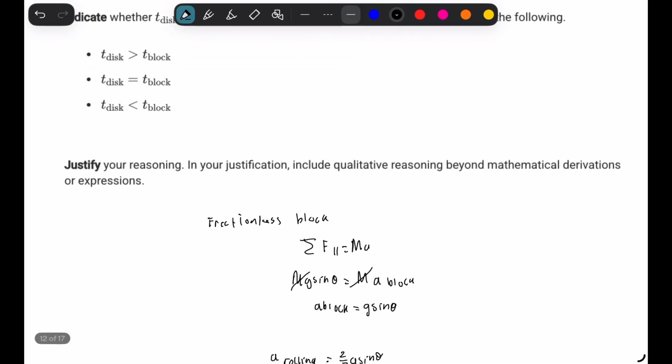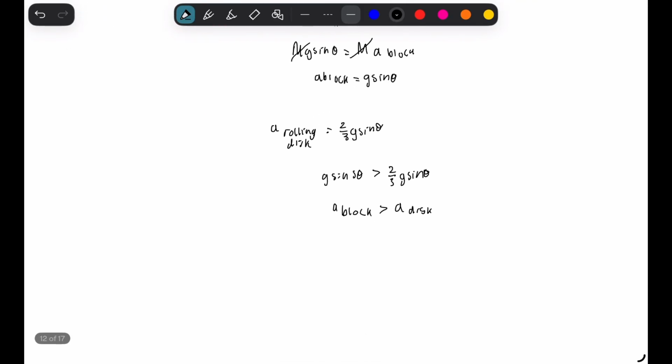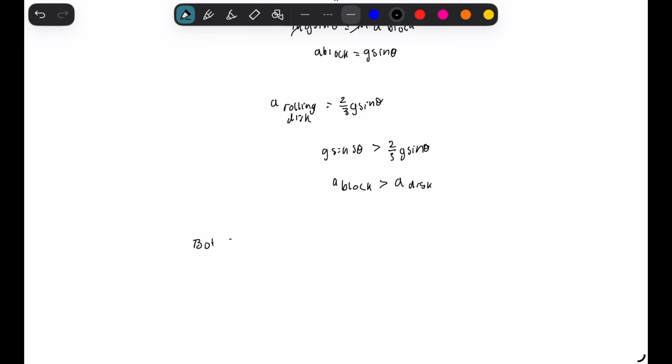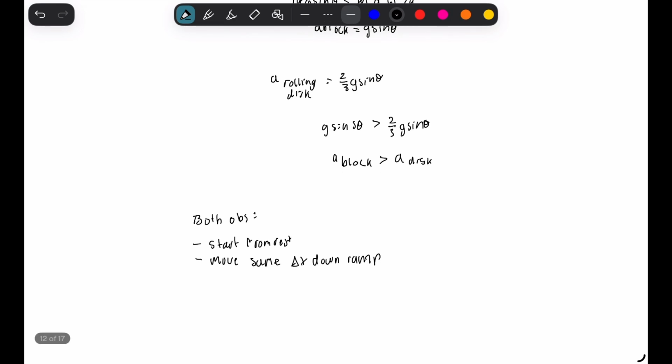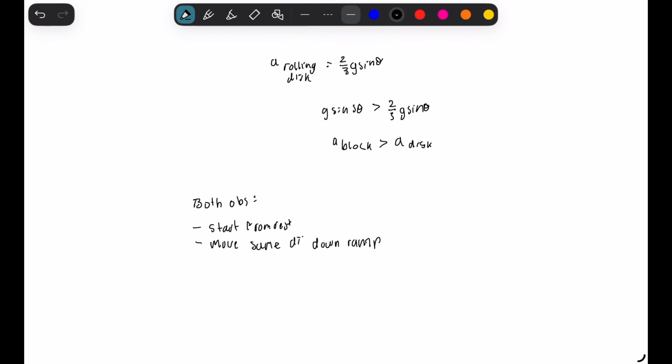So we know that both objects are going to start from rest. They are both going to move the same delta x down the ramp, we can just say distance actually, because displacement would be the shortest path.